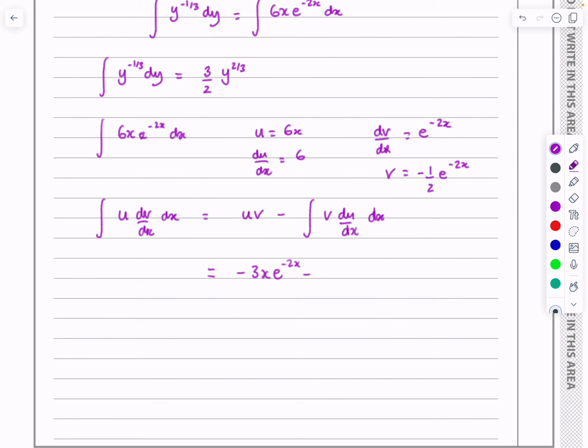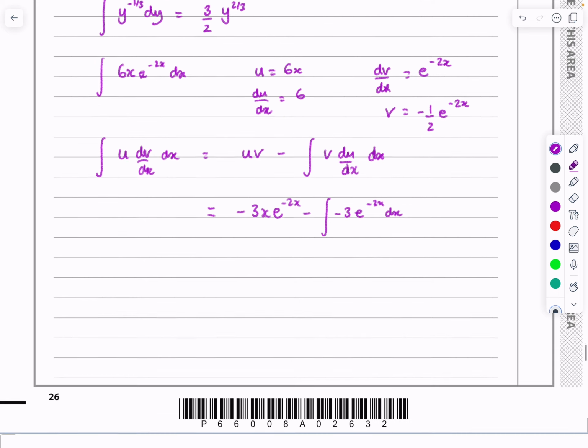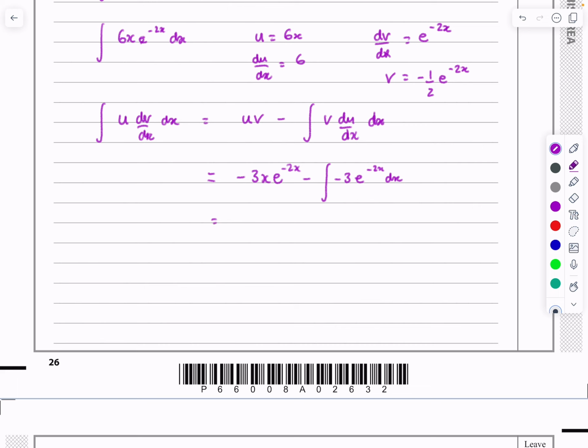Then v du dx is minus a half e to the minus 2x times 6, and if I multiply those two together, that's minus 3 e to the minus 2x dx, but then I tidy that up and take the 3 out. So that's minus 3x e to the minus 2x plus 3 lots of the integral of e to the minus 2x dx.